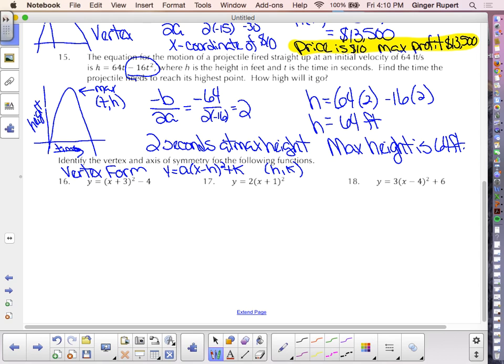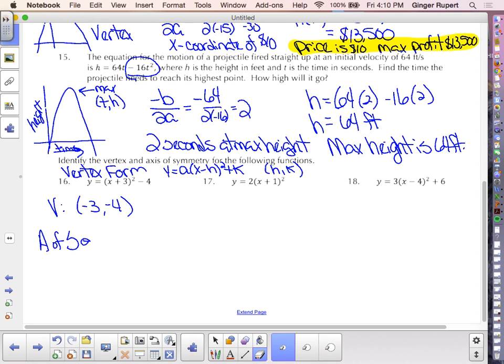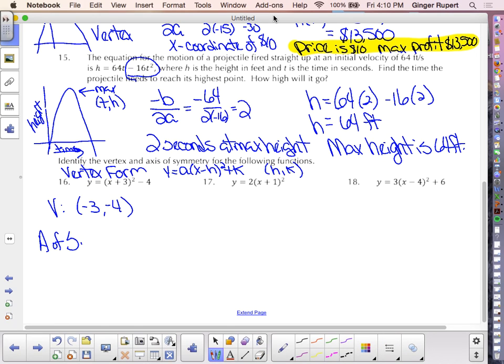So for number 16, the vertex is at minus 3, minus 4. The axis of symmetry is going to be at x equals negative 3. Number 17, there is no k there.